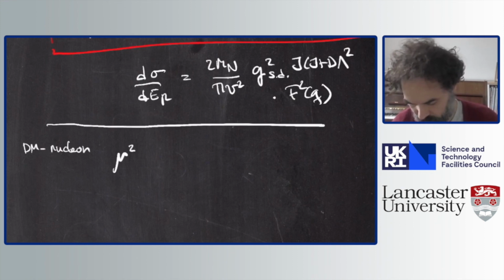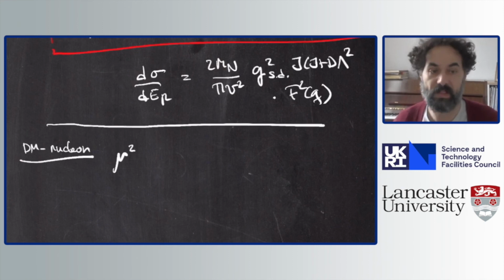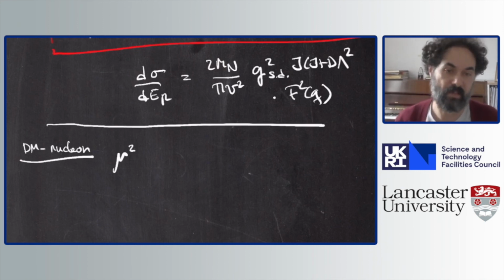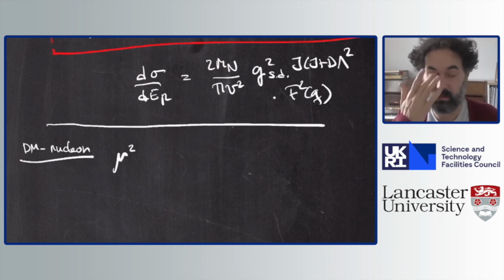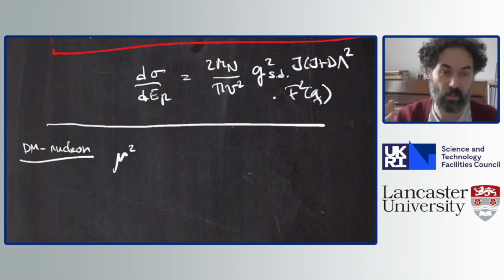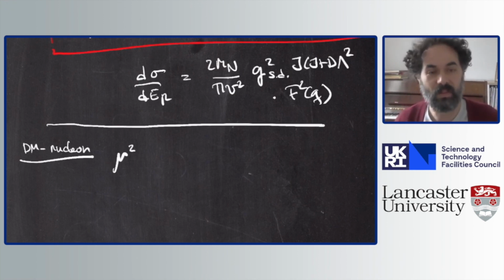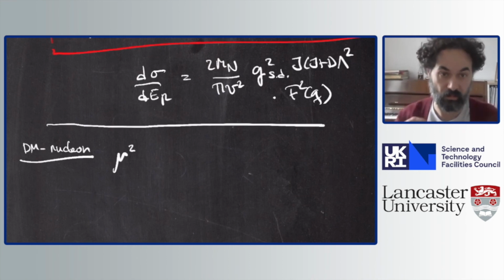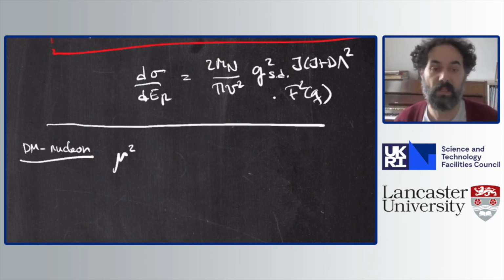The reason is that you want to compare different experiments which have different targets. So you don't want to compare the scattering with different atoms or different nuclei, but with the different nucleons, for which all the experiments have sensitivity.